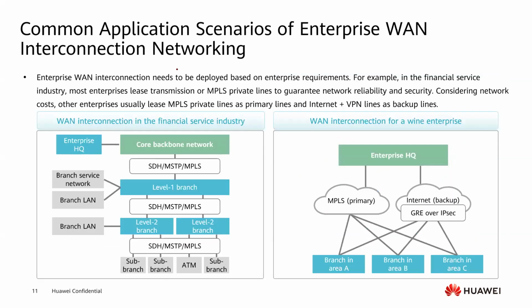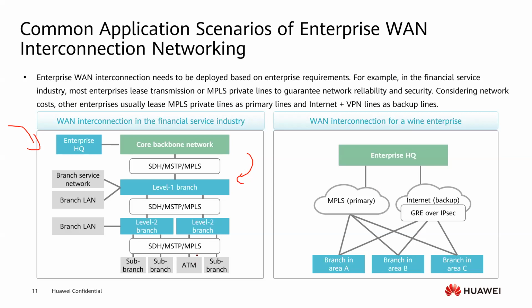Okay, and here are some common application scenarios for the WAN interconnection network. The left side is for financial services, which is basically the logical topology for a bank.